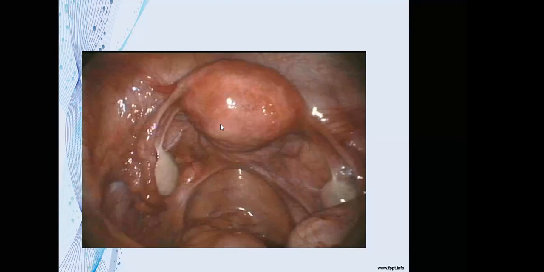Better to call it utero-vesical pouch. Vesico-uterine is also correct, but we better call it utero-vesical, and the posterior pouch we call recto-uterine pouch, or pouch of Douglas, right? So these are the important structures which are lying on the front or back of the uterus.